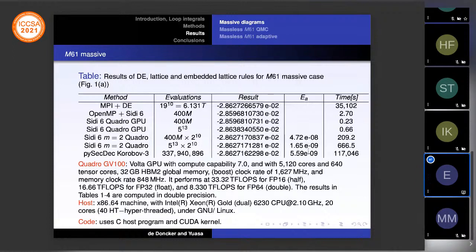So the accuracies compare favorably, and our times are much shorter than those of PySecDec. So the Quadro GPU is a Volta GPU. And then for the code, we use a C host program and a CUDA kernel.